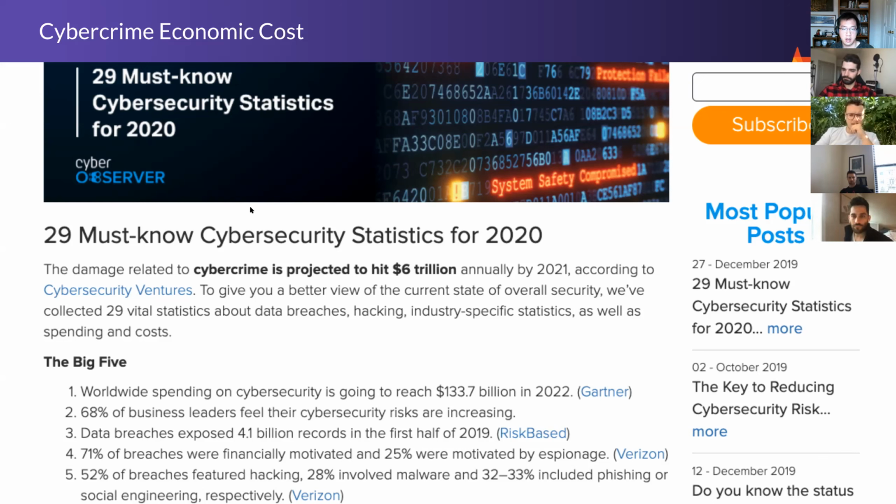Well, the analysts say that by 2021, cybercrime is projected to hit around $6 trillion globally. That is more money lost than all of the money in drug trafficking, all of the money in violent crime.